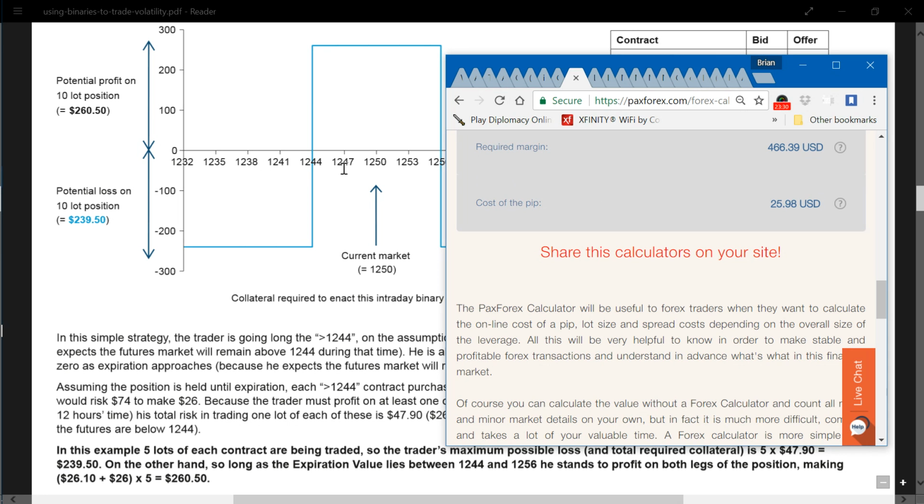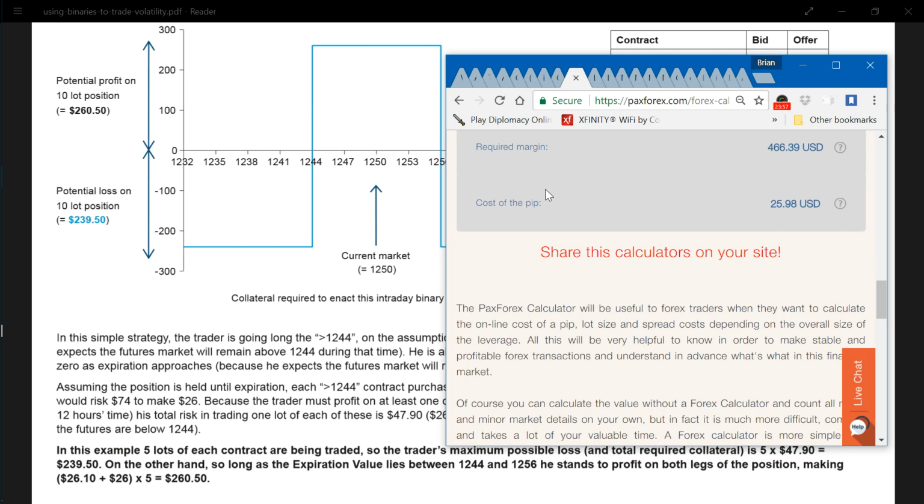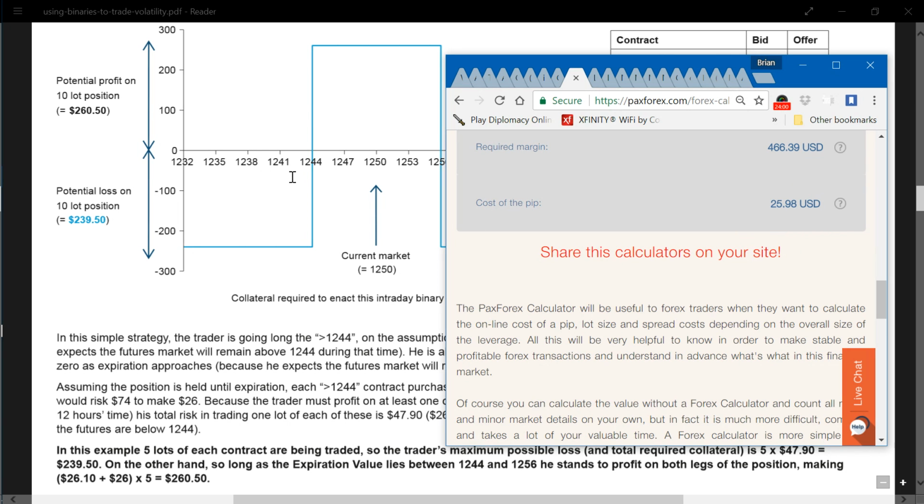So now we have 5 pips at $25.98 a pip, which means that if price comes down and you lose $75, I have 5 of these at this rate, which is $150, give or take, of which I give you 75, and I keep the rest. I keep 75 or $125, and I would give you 75 and keep 50. Either way it goes, you are covered.